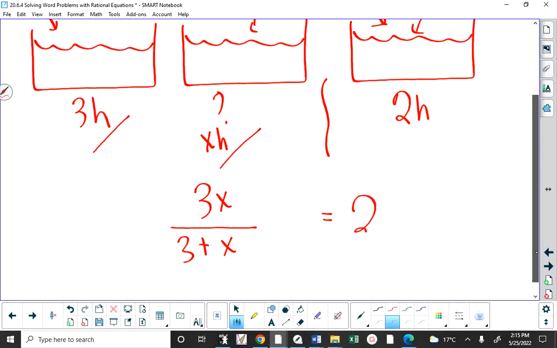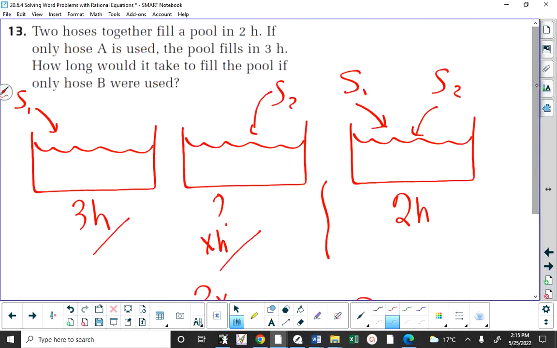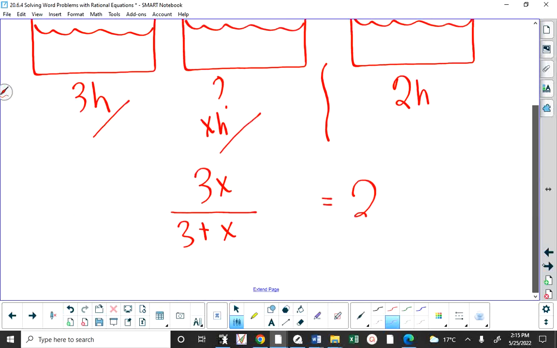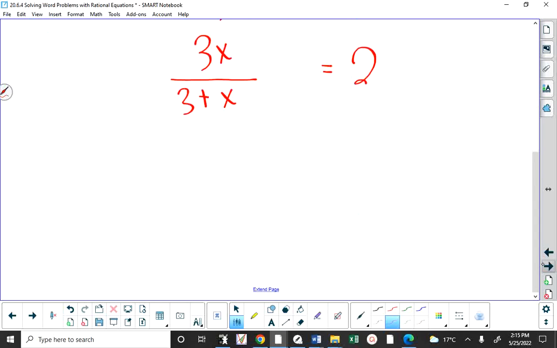So, just to take a pause, don't read this question and see two numbers and go, oh, I'm going to go 2 times 3 over 2 plus 3, because it may not be that you're given the 2 to begin with. So now I can multiply both sides of this equation by x plus 3 or 3 plus x, whatever you want to call it, to get rid of that denominator.